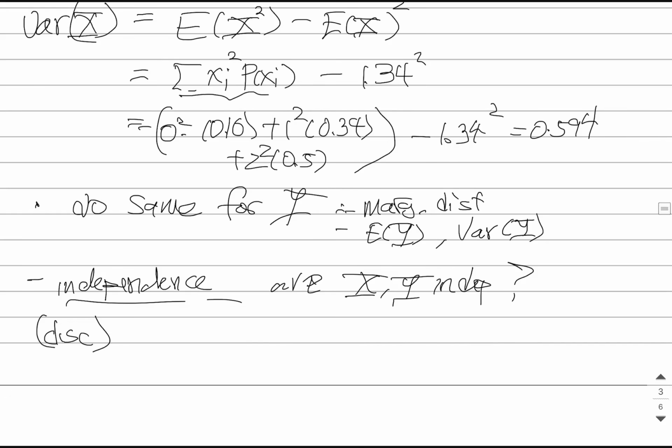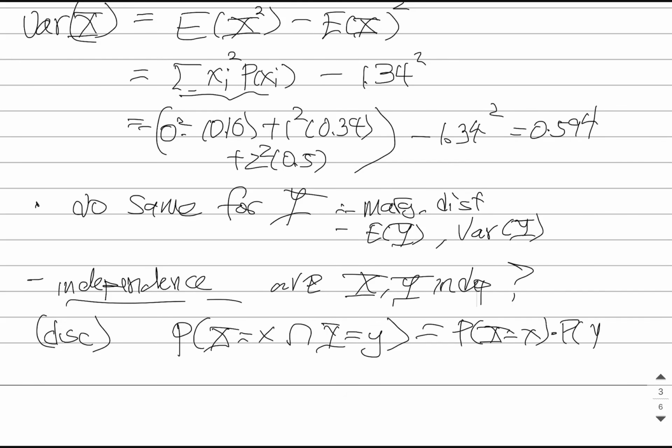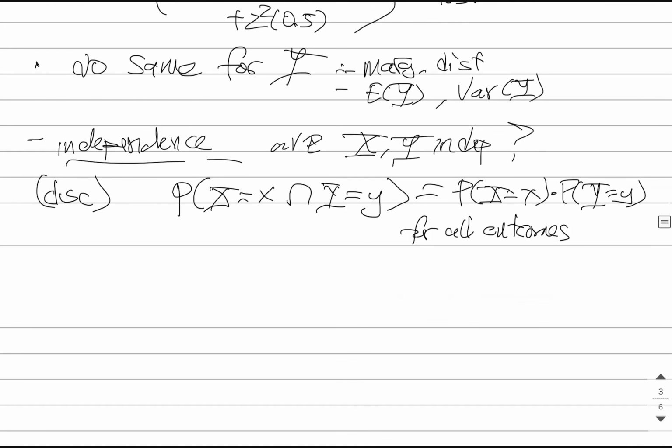If we have independent random variables, then when the random variables take on these values, the joint density should be equal to the product of the respective marginal values for those particular cases, for all the outcomes. So this is another reason why the marginal distribution is important. In order to determine if these variables are independent, we need to be able to take the individual outcomes and see if their product will hold.